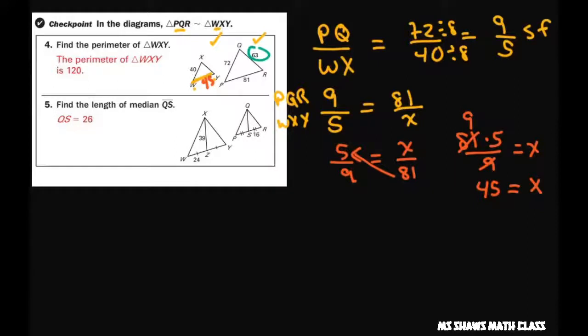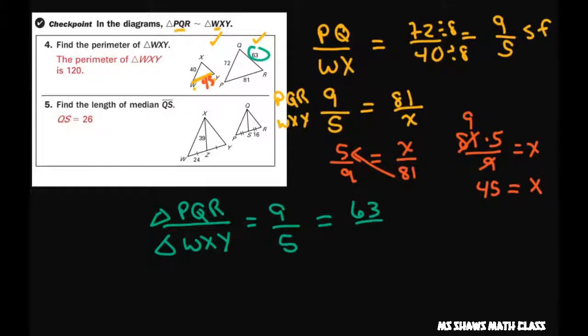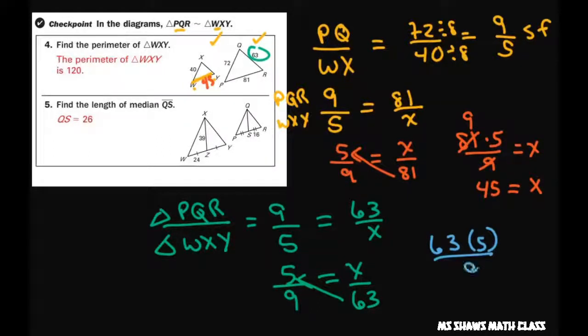So this length is 45, and I'm going to do the same thing with this side. So I'm going to do my triangle PQR, and then my triangle WXY. So that's 9 to 5, and I have the PQR 63 to X. So I'm going to go ahead and flip these again with my reciprocal property. Cross up, and that's going to give you 63 times 5 divided by 9 equals X. So 9 goes into 63 7 times. 7 times 5 is 35.